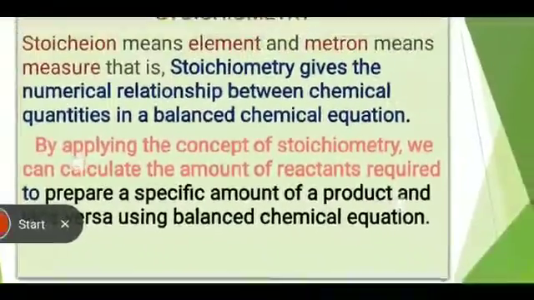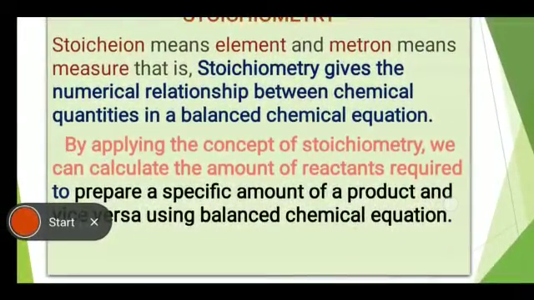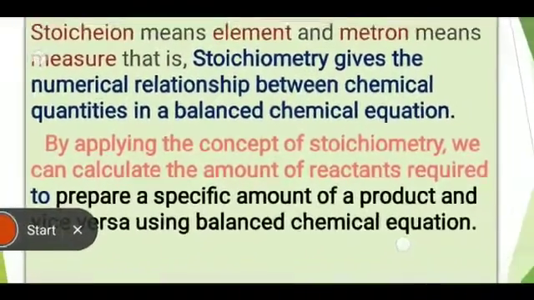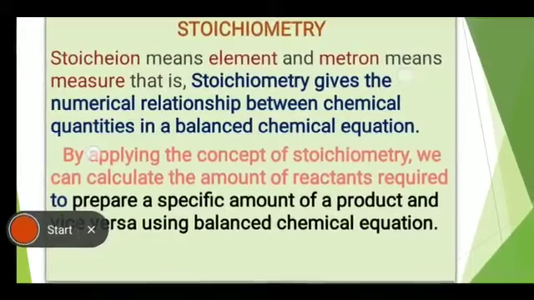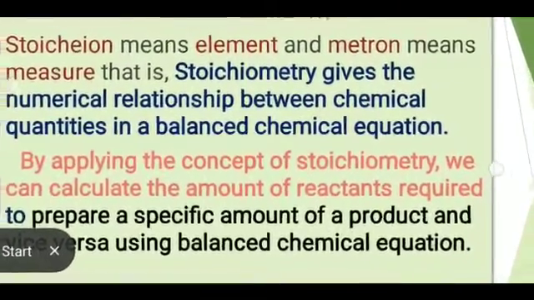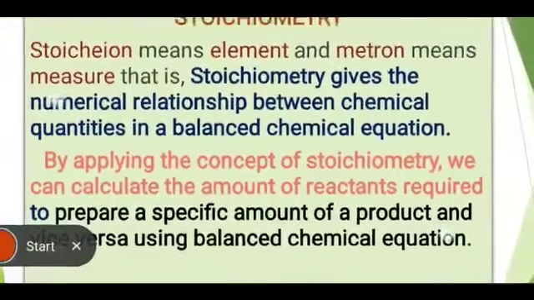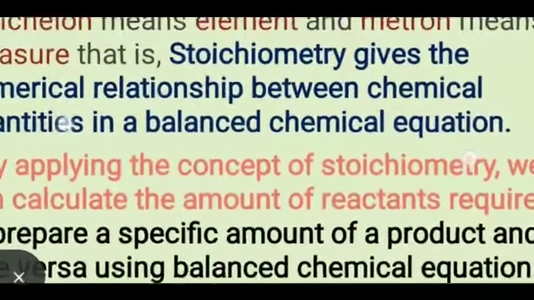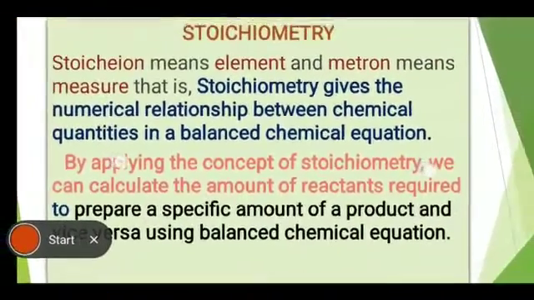The same way, in a chemical reaction, for example, carbon plus oxygen, we are getting carbon dioxide. How many moles of carbon and oxygen react and how many moles of carbon dioxide we are getting? This is the stoichiometry calculation.